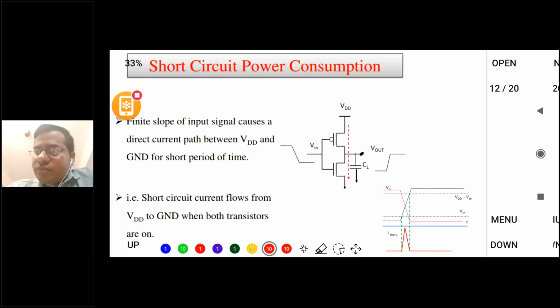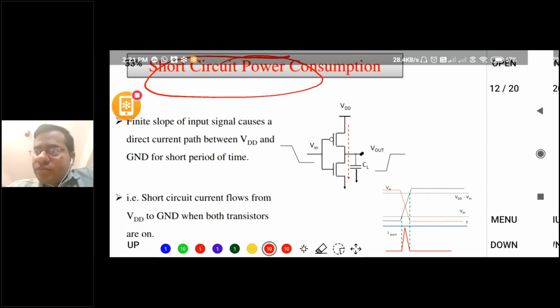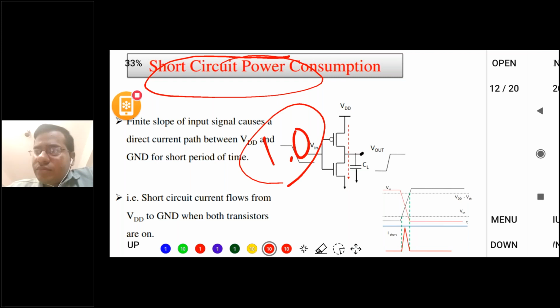So in the CMOS circuit, this is not a problem. So why is this not a problem? Because here, if you apply some logic, maybe 1 or 0, one transistor is on. Maybe this one is on or maybe this one is off. Or in another case, this transistor is off or this transistor is on. So in any case, there is no possibility that you connect the connection here.